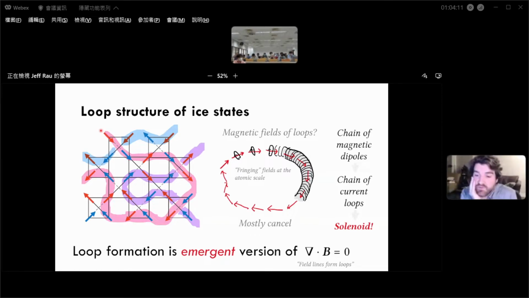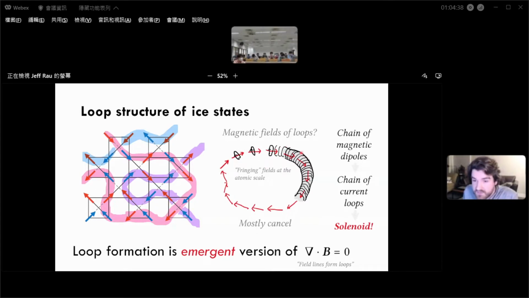So this kind of loop structure is actually an emergent version of the usual constraint you have for magnetic field lines, which is that the divergence is 0. An intuitive way to see this is to think of these loops of magnetic dipoles. I've just drawn one of them separately from the lattice here. If I lined up a whole bunch of dipoles, each dipole you can imagine as a little current loop.